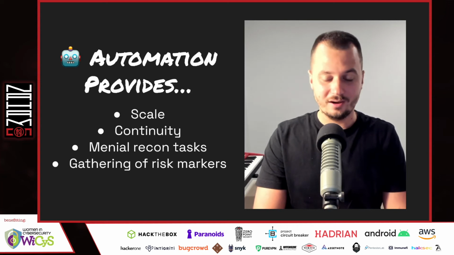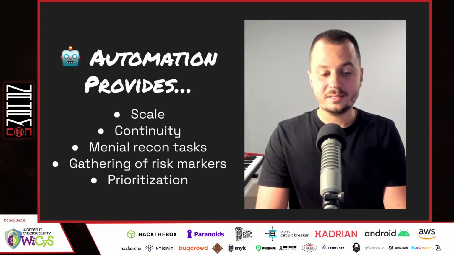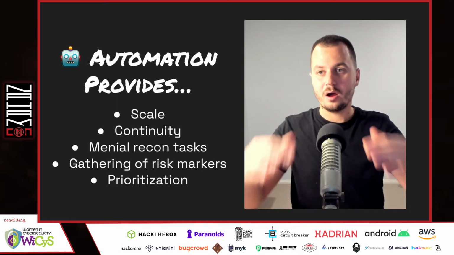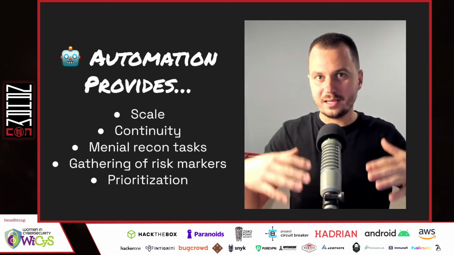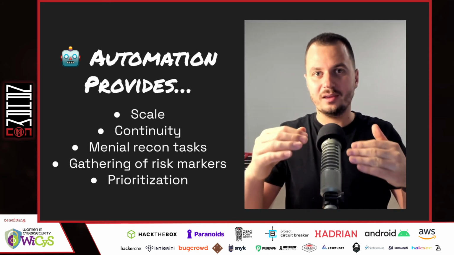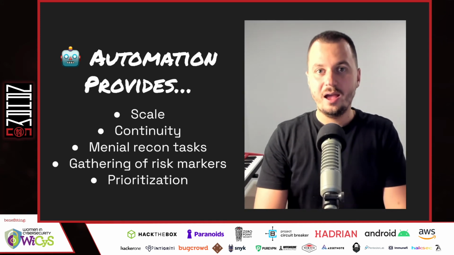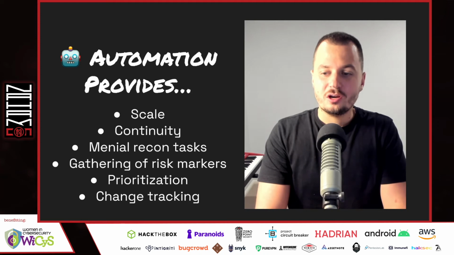So don't worry about that for now. Prioritization, which we're also going to talk about later. But basically what I'm referring to there is prioritizing hosts based on how risky they are, so that we could just pick the one that looks the most risky and take a look at that manually. And also, automation is good at change tracking.